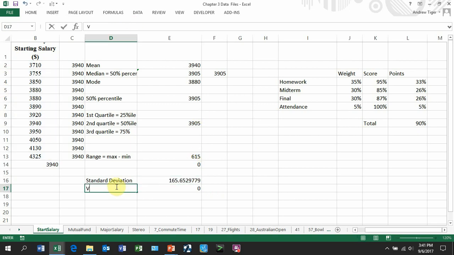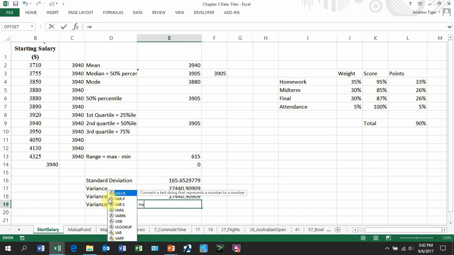The variance is just the standard deviation squared, so times itself. Or you could take the variance and raise it to a power of 2. Or you could use a variance formula.